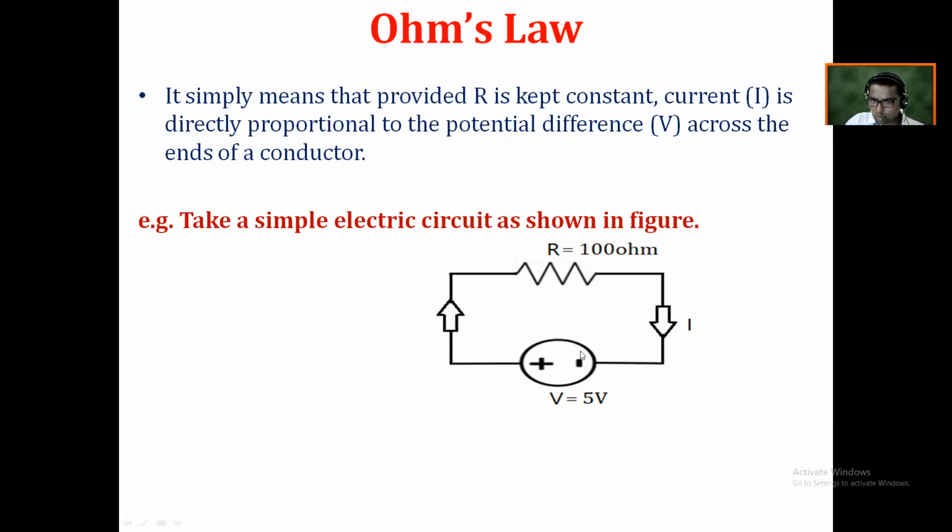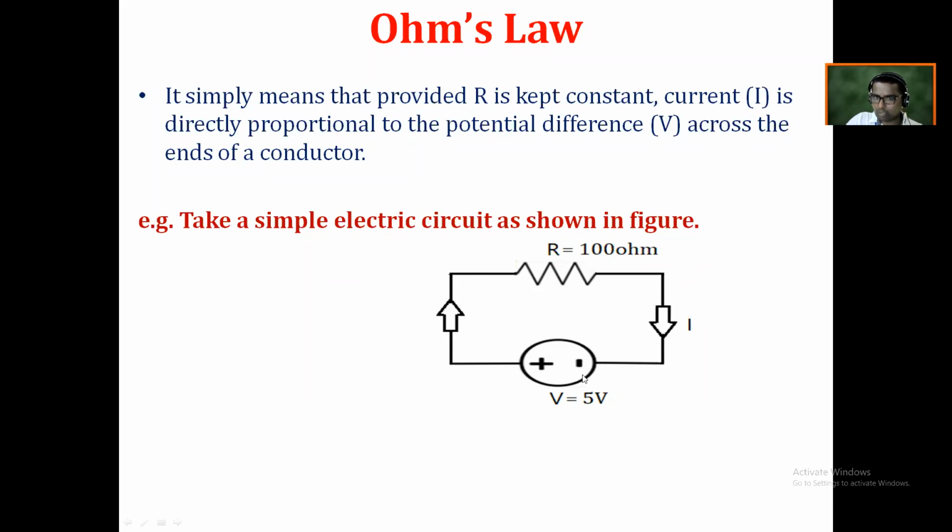The DC energy source is 5 volt, the resistance has a value of 100 ohm, and when the closed path is formed, definitely the current flows. And we know that the conventional direction of current is always from the positive terminal of the DC energy source towards the negative terminal.